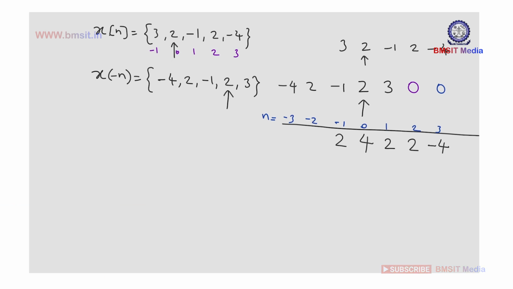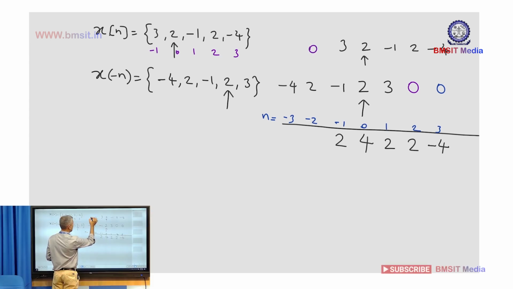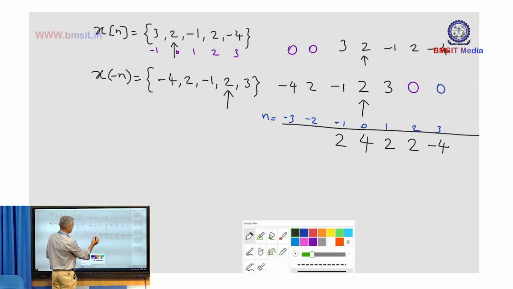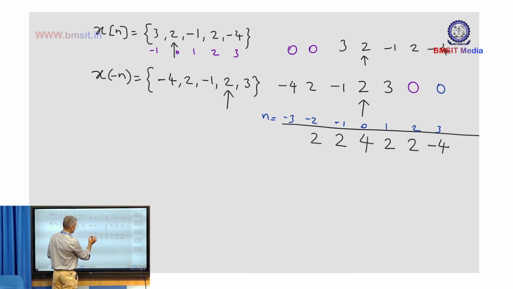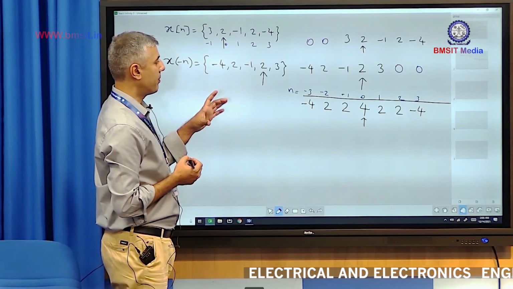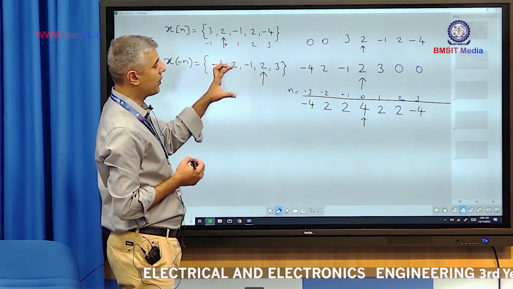Applying the same thought on the other side, we can substitute 0 here and 0 here. This doesn't change the nature of the signal. This is called appending zeros, and we can proceed with the addition. 0 plus 2 is 2 and 0 minus 4 is -4. So the origin is over here. The procedure that we have done till now is only the addition.